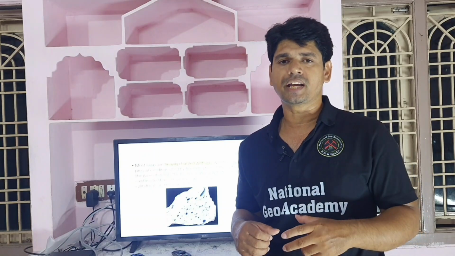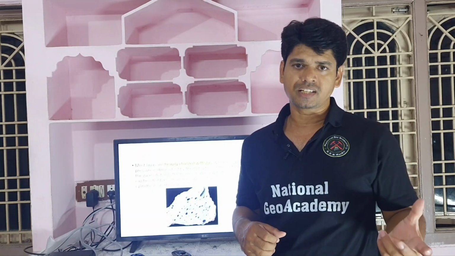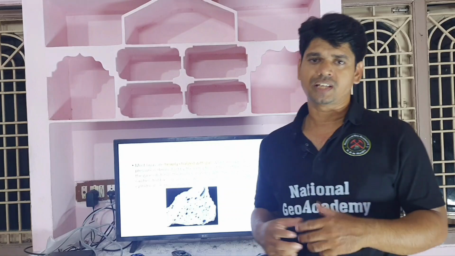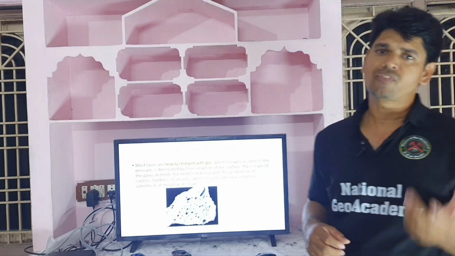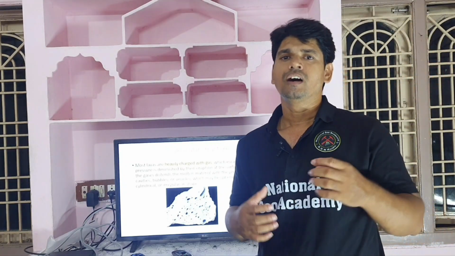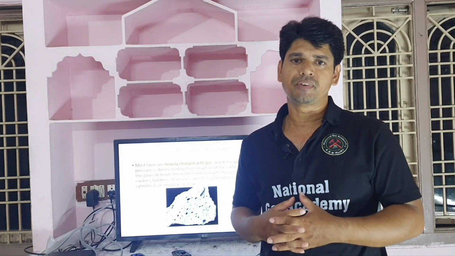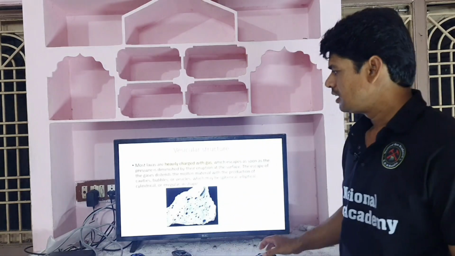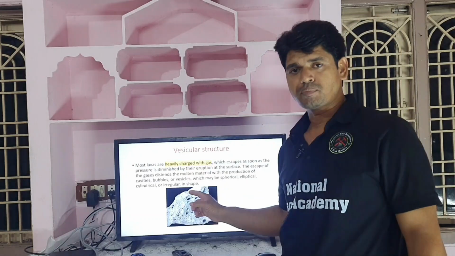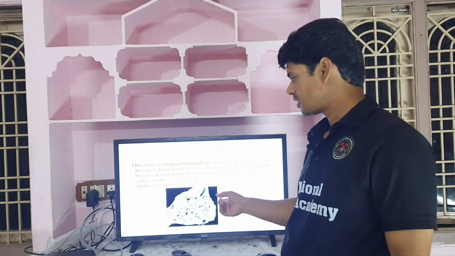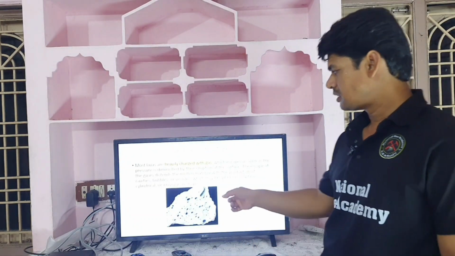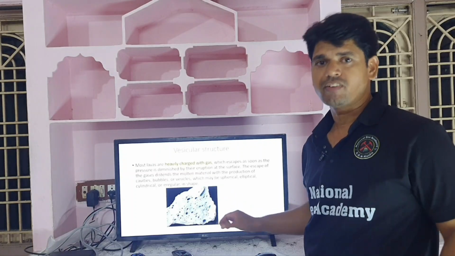If any rock contains such vesicles, we call it a vesicular structure. Why will vesicles be formed? Because of the pressure and temperature difference. In this diagram, you can observe some vesicles in the rock. Such a structure we call a vesicular structure.